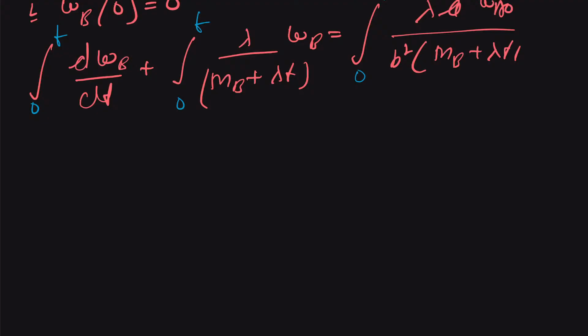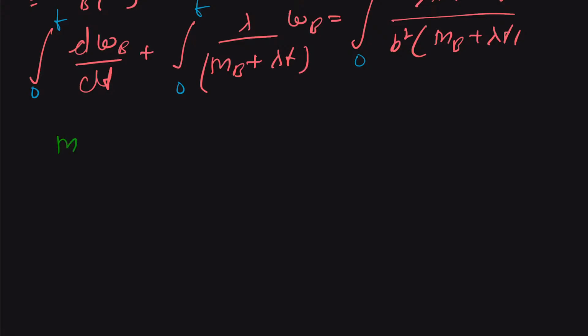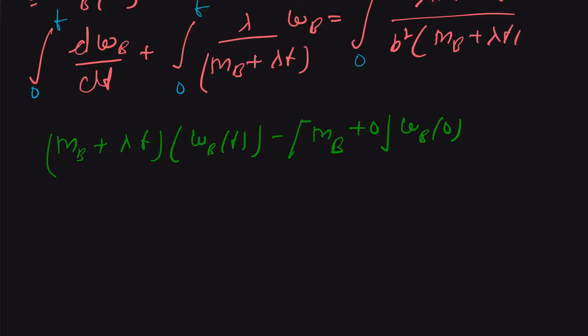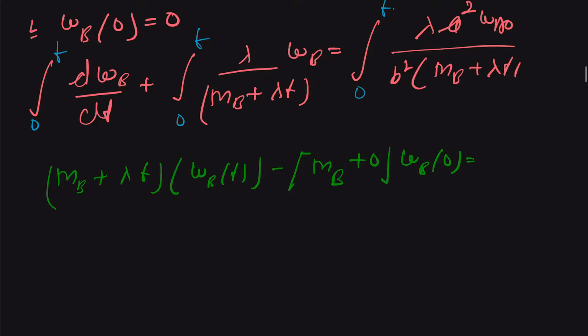Okay, so this gives us mb of T times lambda T, multiplied by wb of T, minus mb plus 0 multiplied by omega b of 0, which will be equal to lambda A square omega A naught divided by B square.